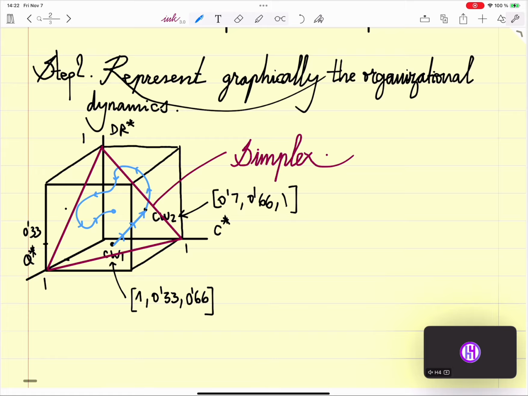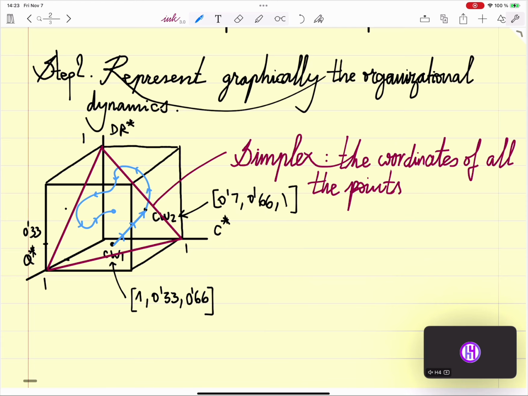Simplex, and the characteristic is that all the points, or the coordinates of all the points, add up to 1.